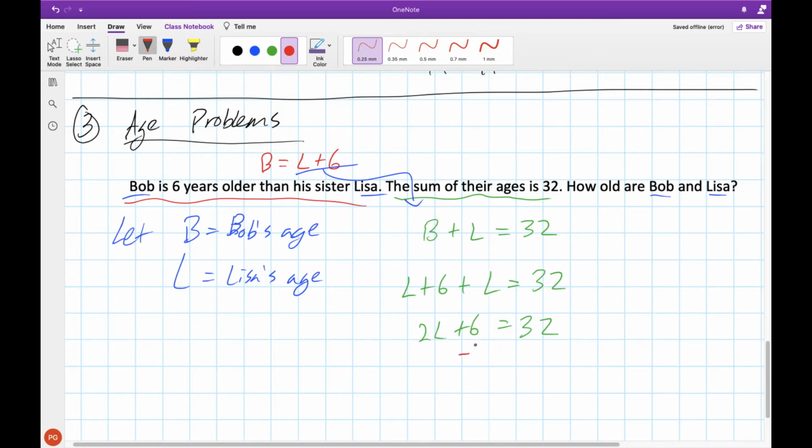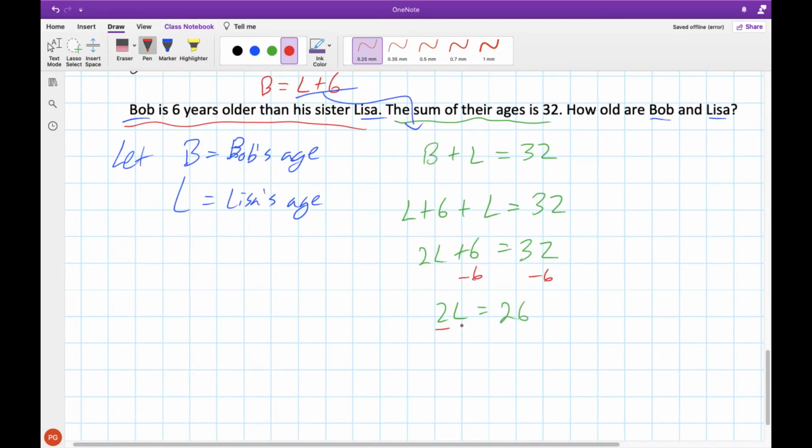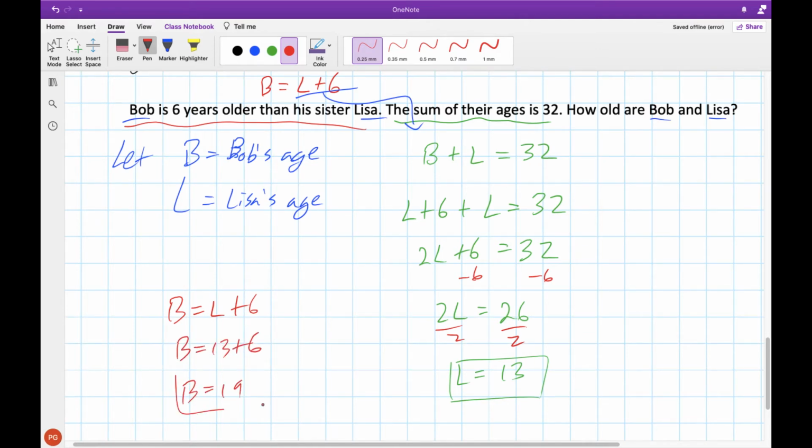We can subtract 6 from both sides of our equation. And then finally we can divide both sides by 2, and we'll get that Lisa's age is 13. And just like with our coin problem, now we can figure out Bob's age, which is Lisa's age plus 6. So 13 plus 6 tells us Bob has got to be 19.